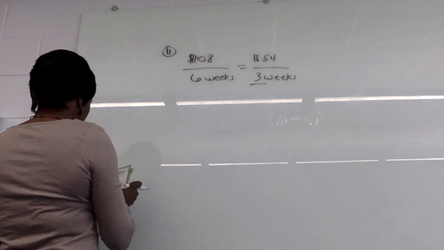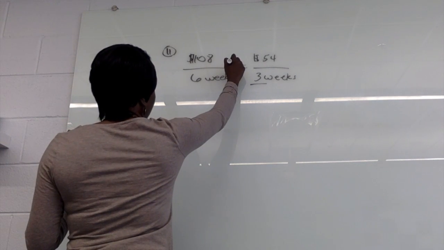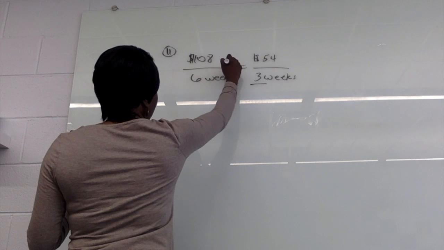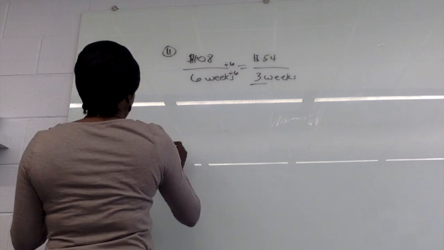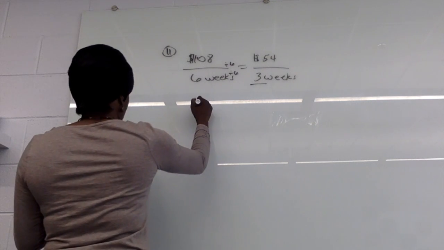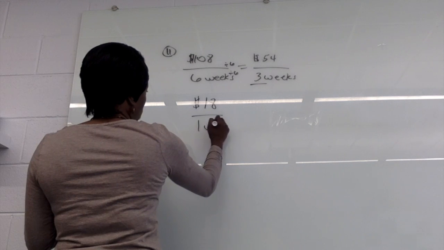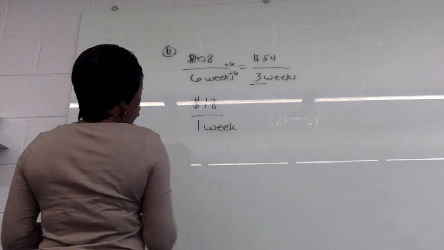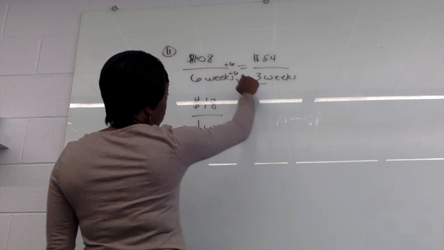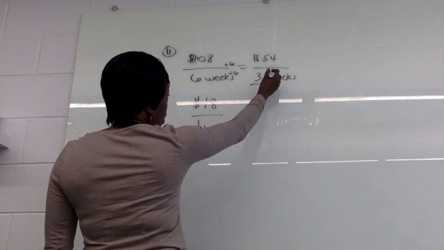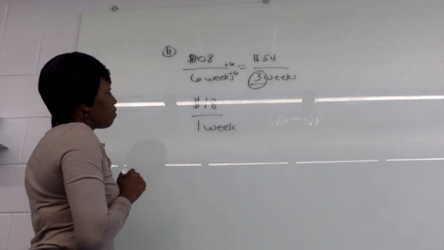So if we divided this by 6, and divide by 6 in our denominator, you really should get $18 over 1 week. So her mistake was that she did not divide by 6. She does not have a 1 in her denominator. She has a 3.